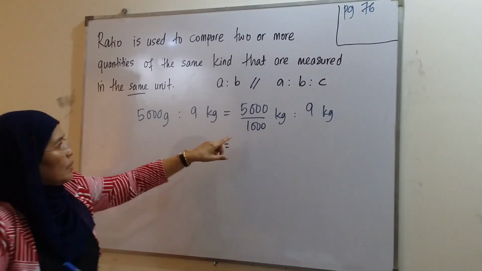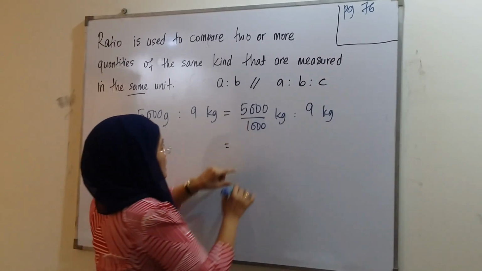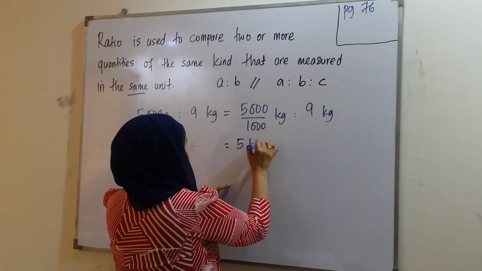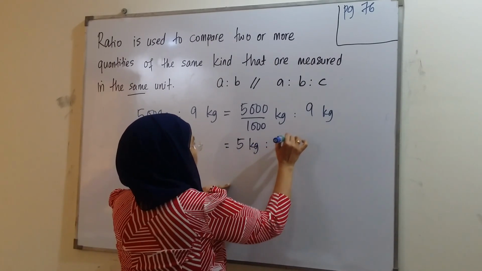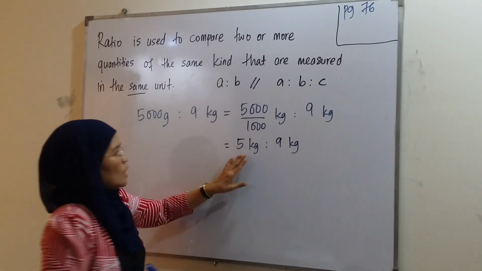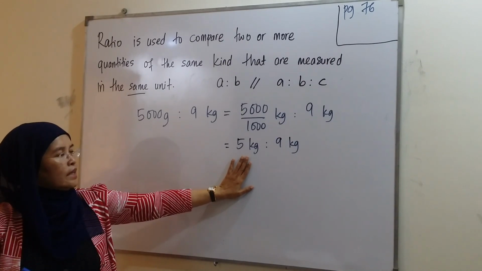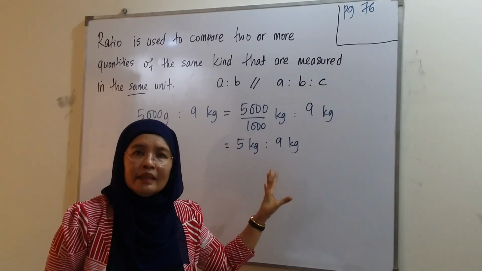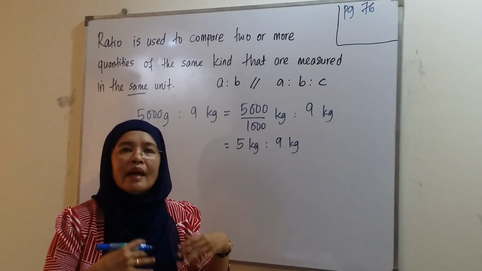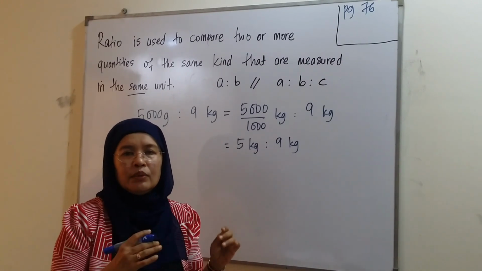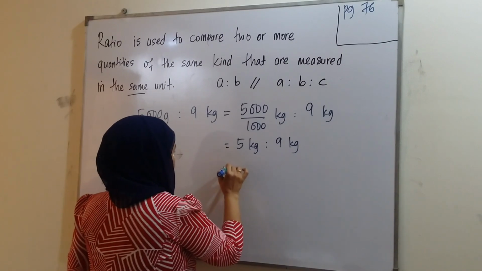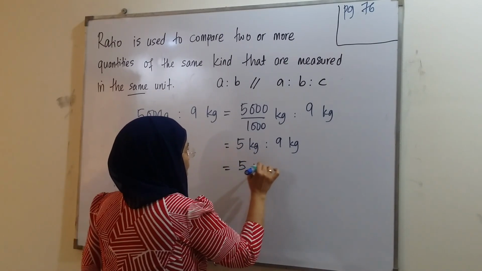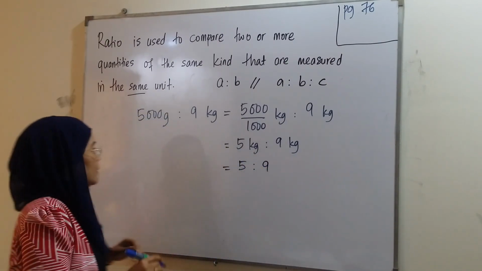So now 5,000 divided by 1,000 is 5 kg ratio 9 kg. As we can see, both units are the same. When the unit is the same, we can eliminate the unit. So the final answer is 5 ratio 9.